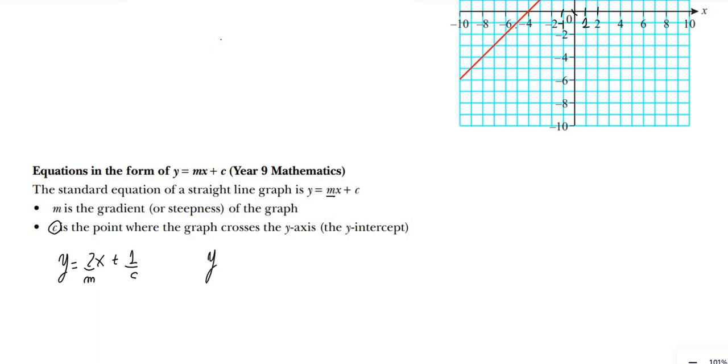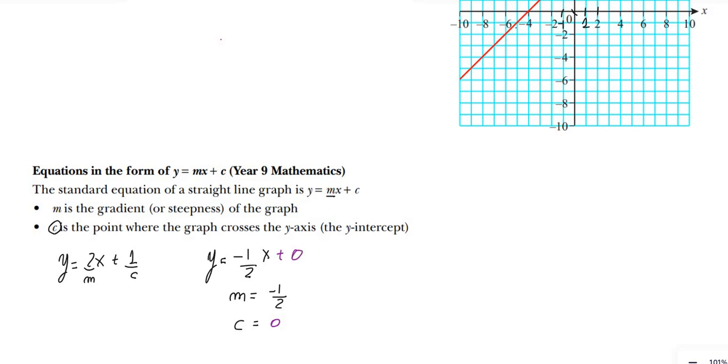If I were to have another expression, for example, minus 1/2 x, then the value of the gradient will be minus 1/2, and the value of c will be 0, because since there's nothing here, it's like you're adding a 0, okay? So the value of c is 0.